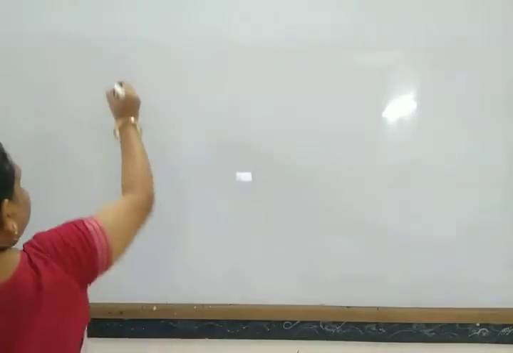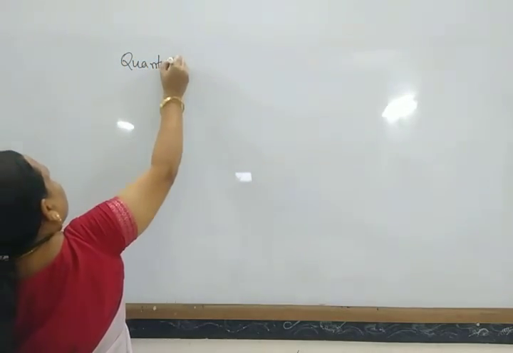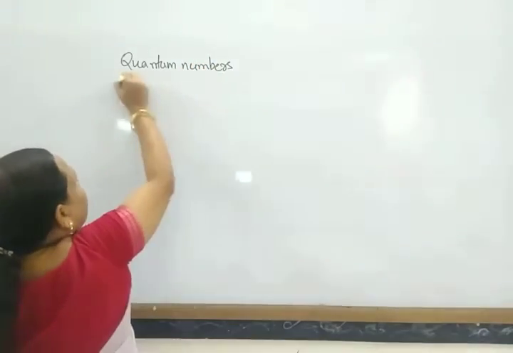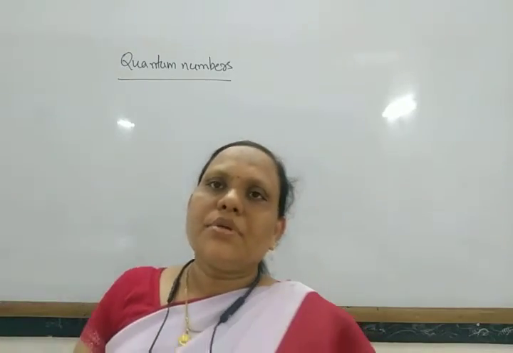After knowing the shape of orbitals, how are these orbitals present and arranged in an atom? To know this, next we come to another term, quantum numbers. So what are quantum numbers?